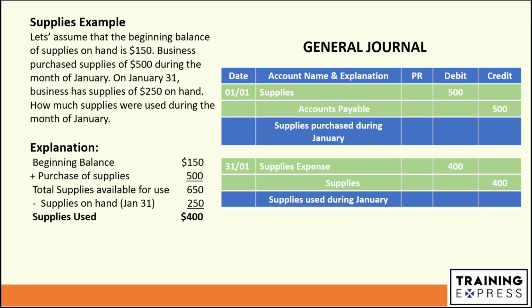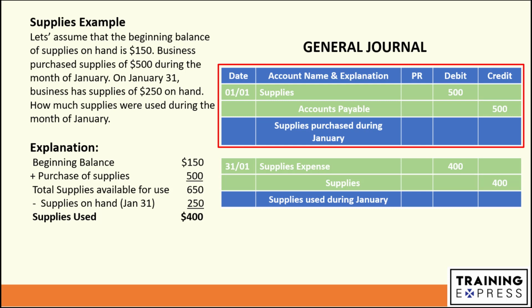We will record two journal entries. First one will be our normal journal entry for the purchase of supplies. So we will debit supplies by $500 and we will credit accounts payable by $500. Remember, these supplies will be treated initially as an asset.